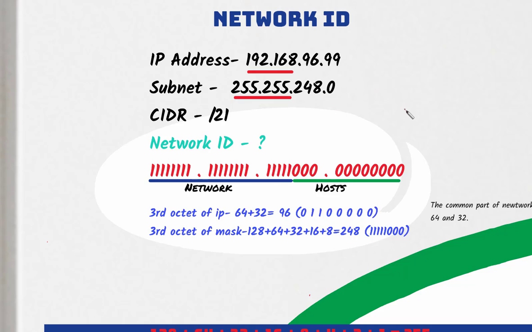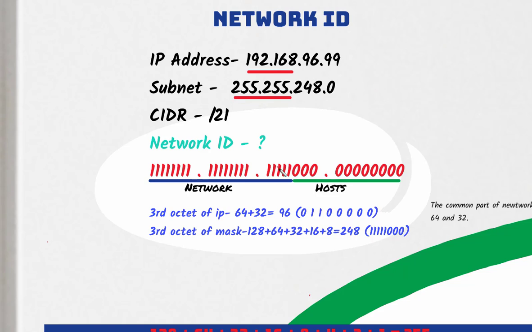As we learned from the previous slide, for the subnet mask, if we use 248, that means the third octet is changing, so here we can use 5 bits, that comes to /21. Now our task is to calculate the network ID.